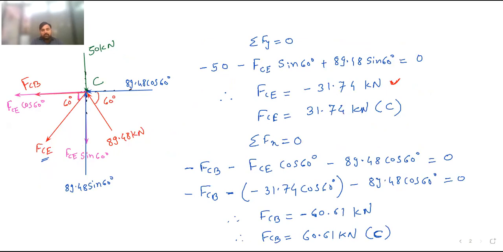Why did I keep the value -31.74 with the minus sign here? When I calculated this FCE, I came to know that it is minus, meaning it is compressive. But I applied the summation Fx equal to 0, and at the same time I have not changed the direction of this FCE. Even though I know that it is compressive, still I have not changed the direction of this FCE.